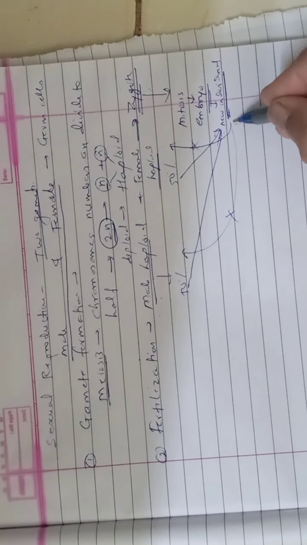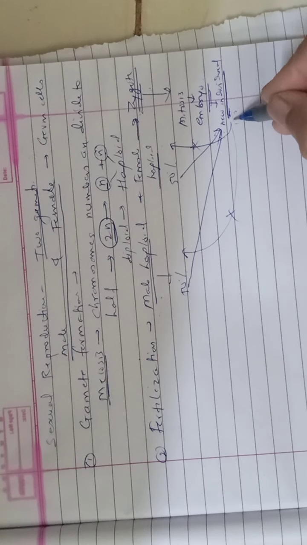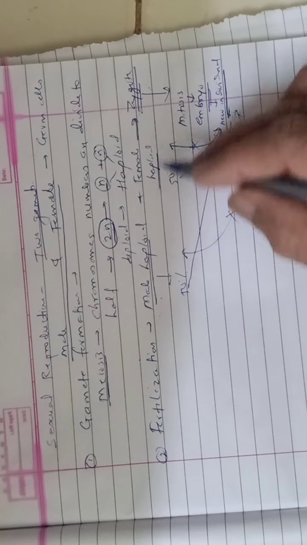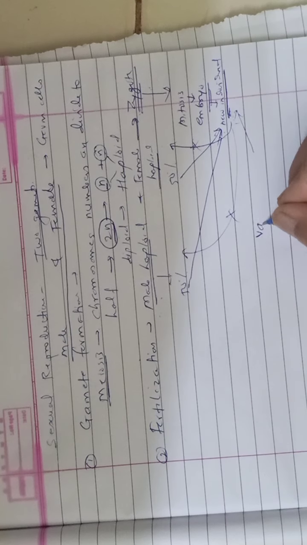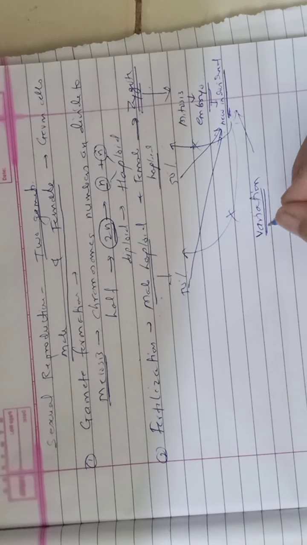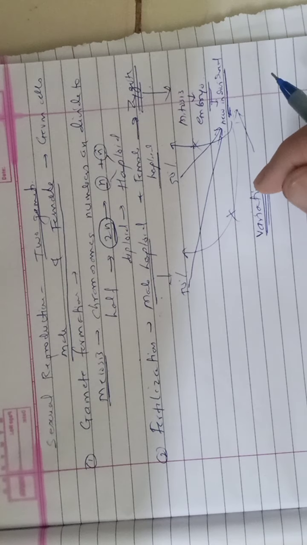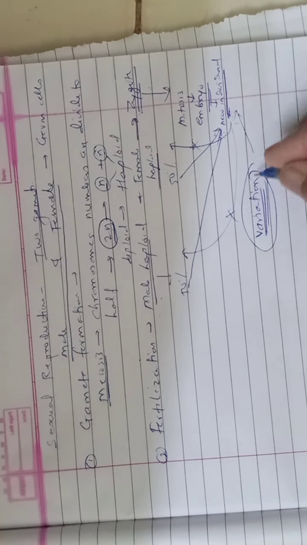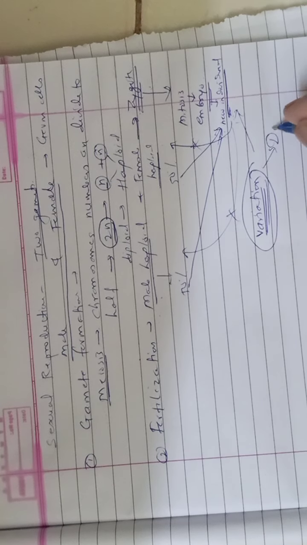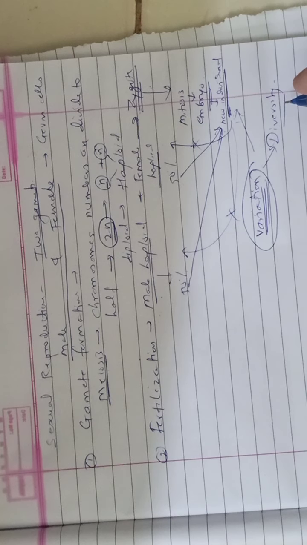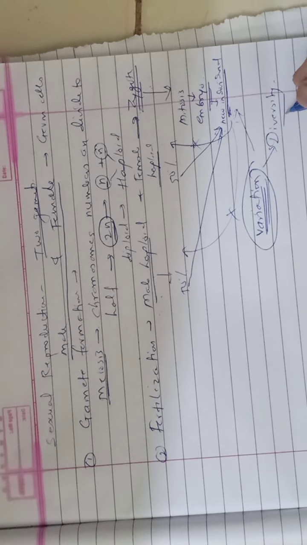That's why new individuals are produced that are different from the male and female. That's why it is known as variation. Sexual reproduction brings about variation. Due to that variation, organism diversity takes place in genetic characteristics.